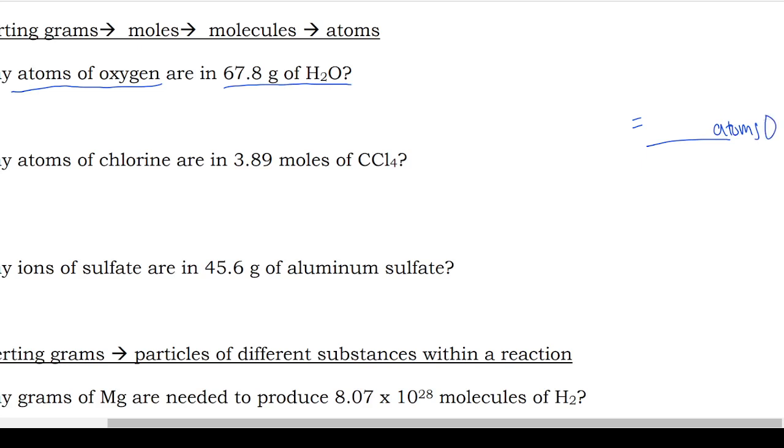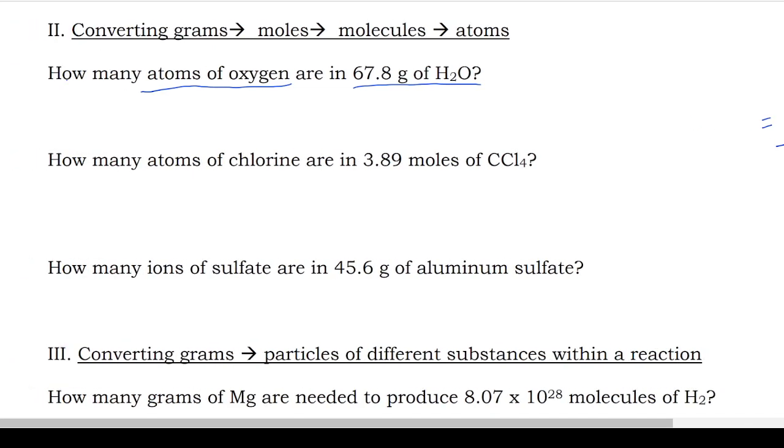Atoms of oxygen, which is just O. So atoms of oxygen is what we're looking for, and our given information is 67.8 grams of H2O. There's no such thing as going to atoms of water because water is not an atom. What type of particle is water?